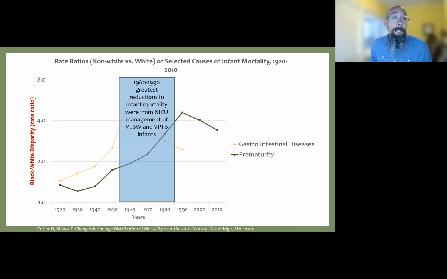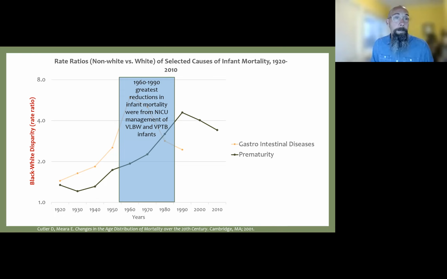Well, that actually aligns with about the timing of the dissemination of these highly technological medical interventions called NICUs. And what NICUs did is they helped little tiny babies survive when they used to die, right? They helped the little tiny ones that just wouldn't have had a chance survive in a NICU. In the beginning, NICUs were not available everywhere, right? They were available in cities, they were available at private hospitals.